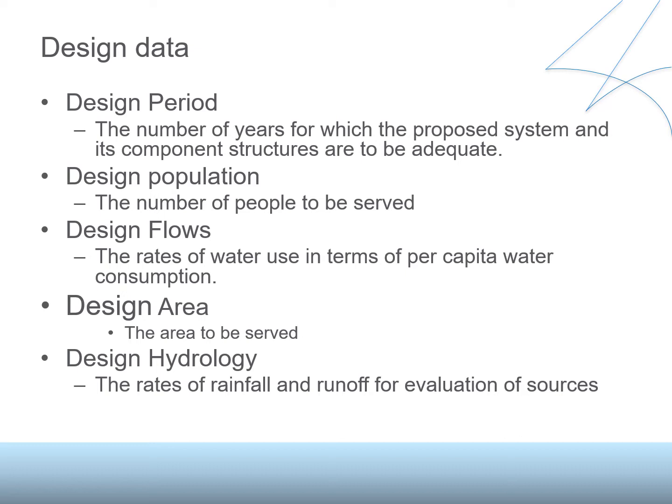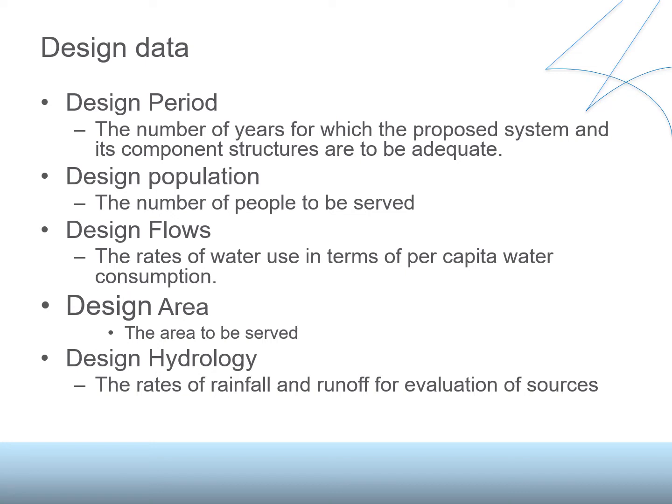Now, this design hydrology provides if the source has enough capacity to supply the design flow or not. So first we know the demand, and then we look at the available sources, and to find out if the source has enough capacity, we need to do different hydrological analysis.